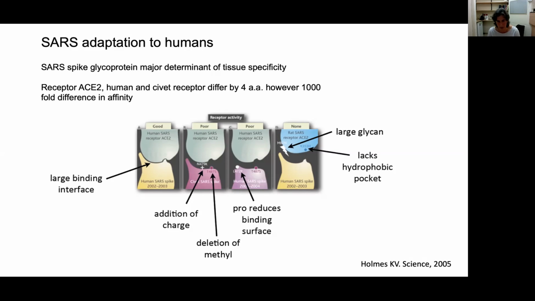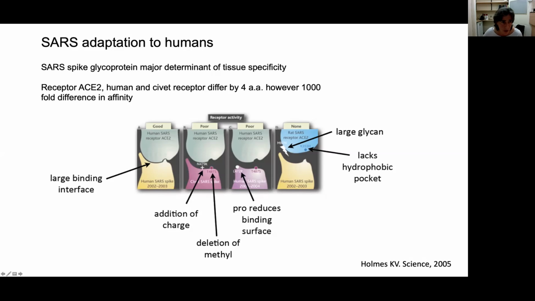Then I'll talk a little bit about what we know about the sequence of the spike protein and its binding to the receptor with the current virus. I just want to show you how a small number of mutations can greatly change the affinity of these viruses to these cells. And that will maybe give you some understanding about how these infections actually occur.